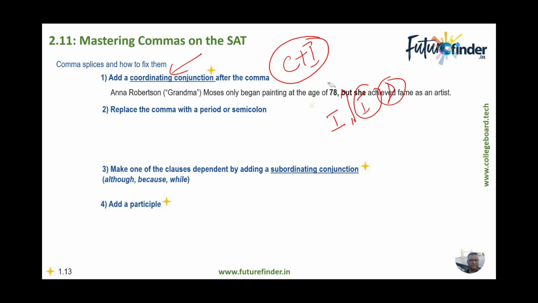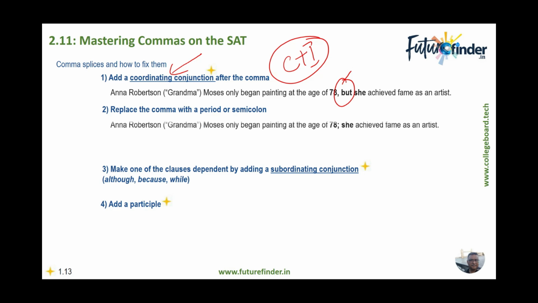So let's take an example. Anna Robertson Moses only began painting at the age of 78, but... So again, a FANBOYS conjunction, a coordinating conjunction. So I'm quite sure that this is correct.